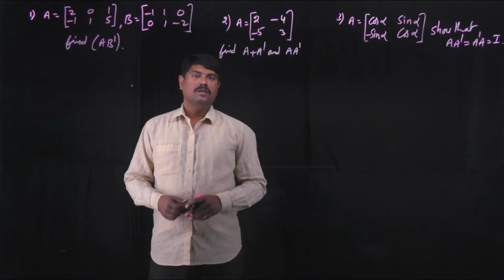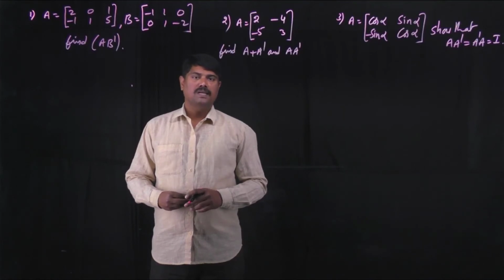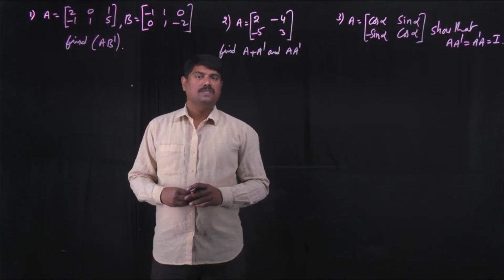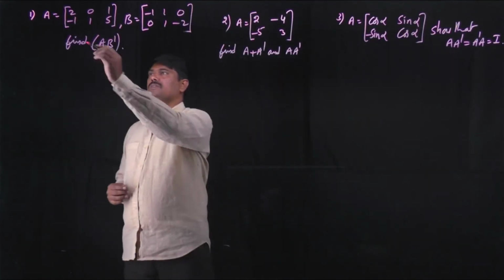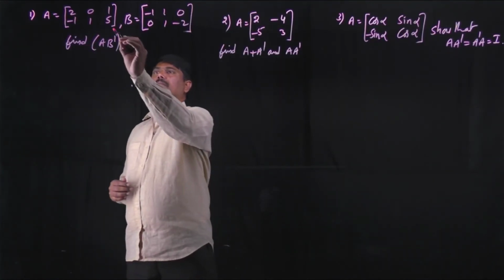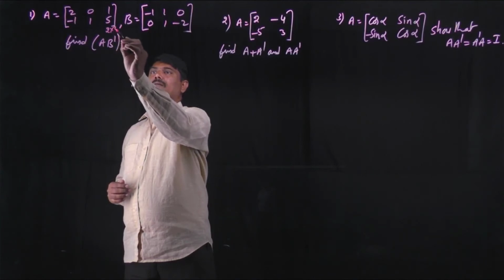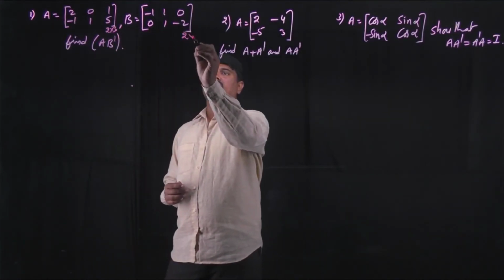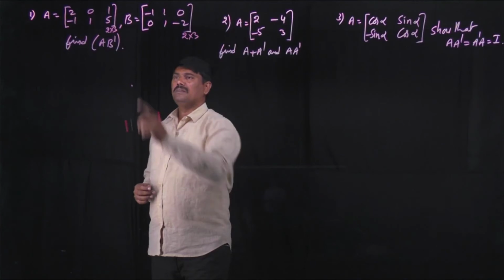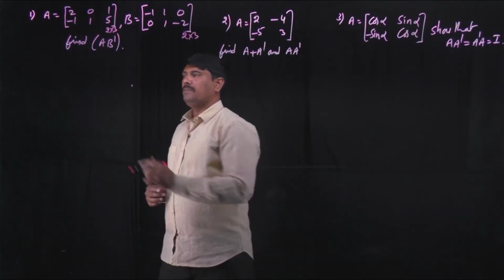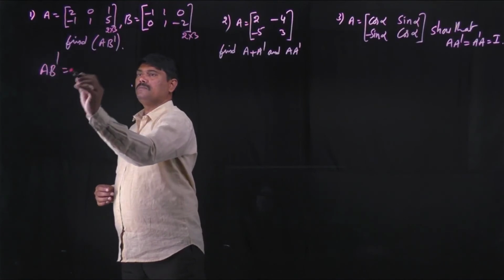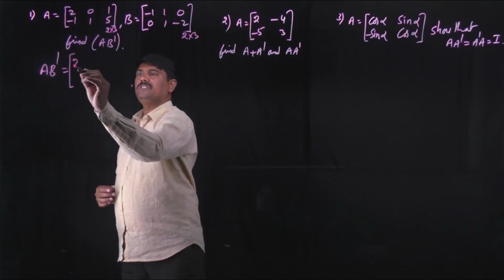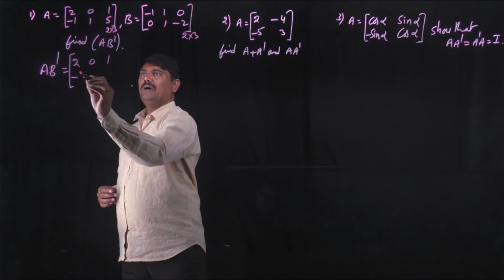Students, now let us do some problems related to transpose of the matrix. We have some problems here. Given A is a matrix of order 2 by 3 and B is another matrix of order 2 by 3, and they are asking to find the value of A into B dash. For that consider A, which is 2 0 1, minus 1 1 5.